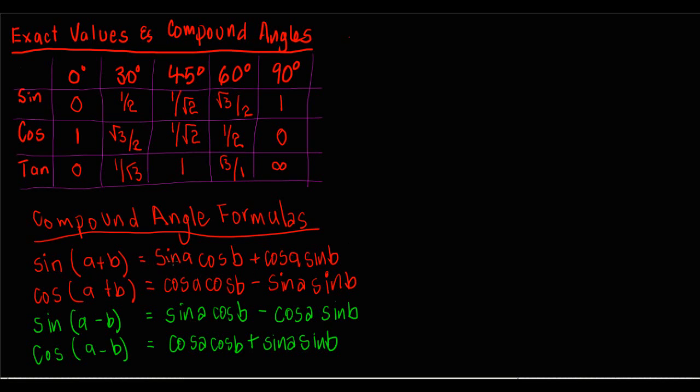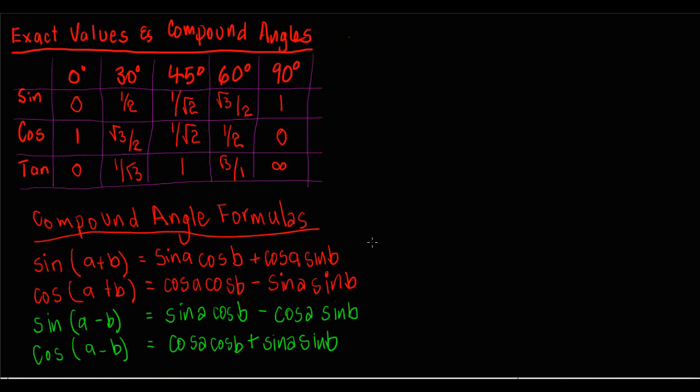Sine A plus B is sine A cos B plus cos A sine B. Look here at sine A minus B, it's just the same except it's negative. Now cos A plus B is cos A cos B minus sine A sine B, and you can see the negative is the actual opposite.